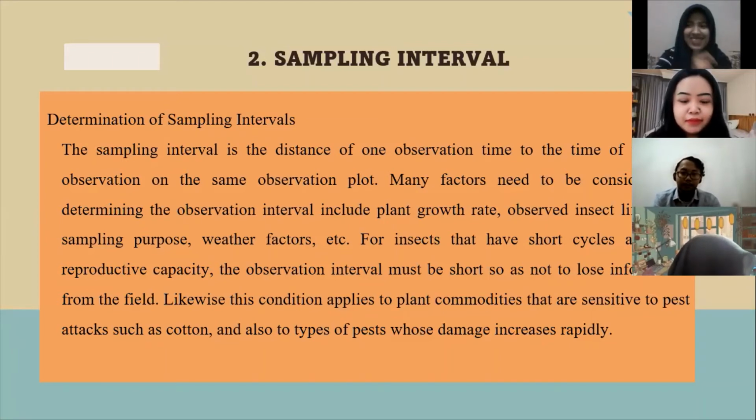Likewise, this condition applies to plant commodity that are sensitive to pest attacks such as cotton, and also to types of pests whose damage increase rapidly.